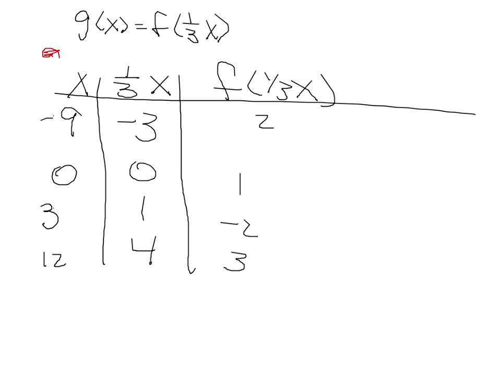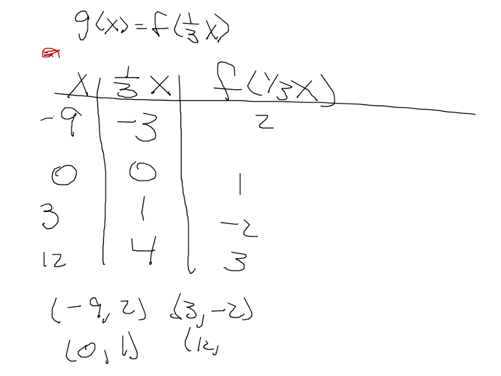So my new points are -9, 2, 0, 1, 3, -2, and 12, 3. So what happens is this gets stretched. My original was -3, 2, 0, 1, 1, -2, and 4, 3.